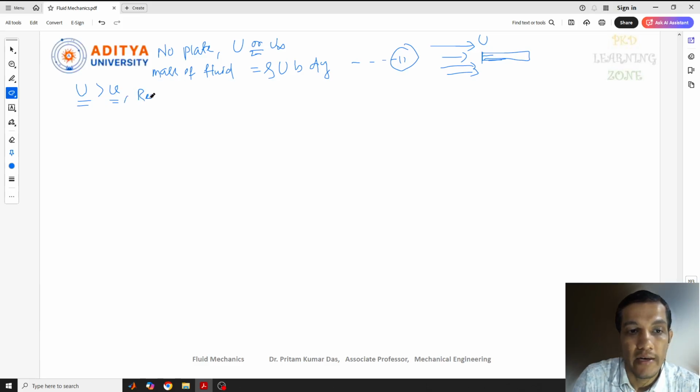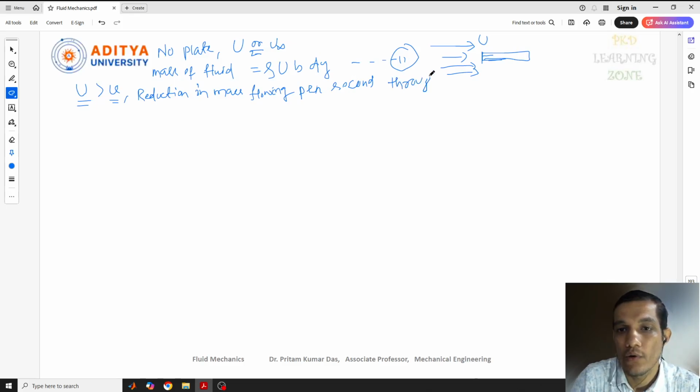Our target is to find the reduction in mass flowing per second through the elemental strip due to the presence of this plate. First we need to find the reduction in mass flow rate.